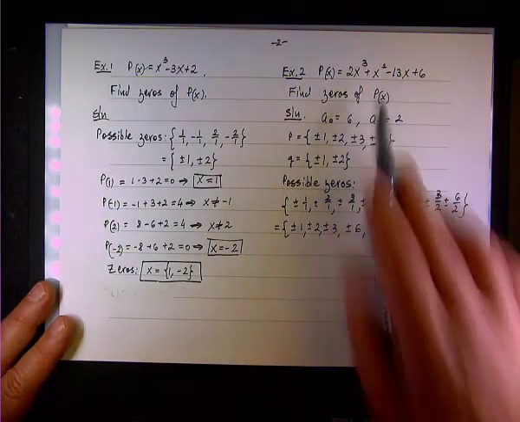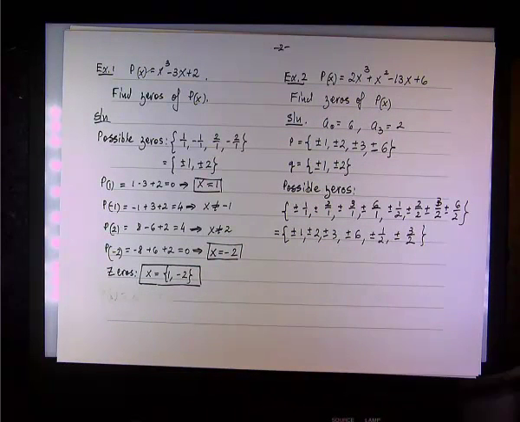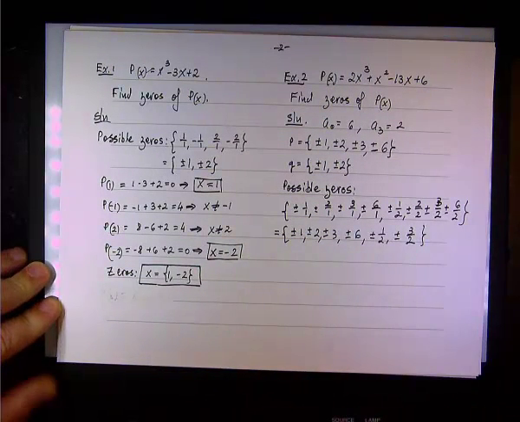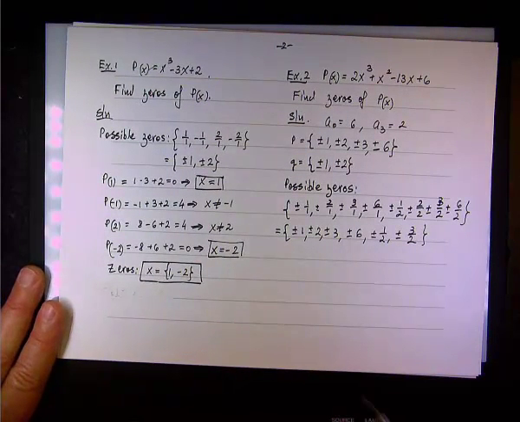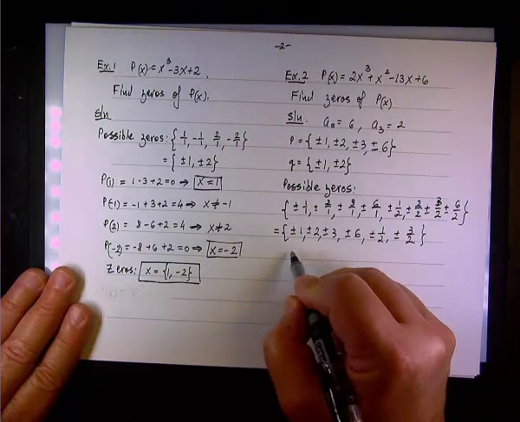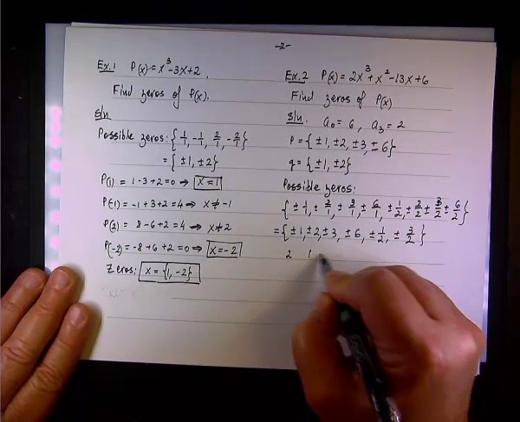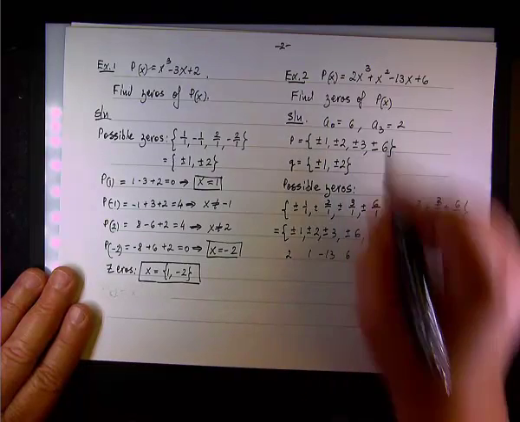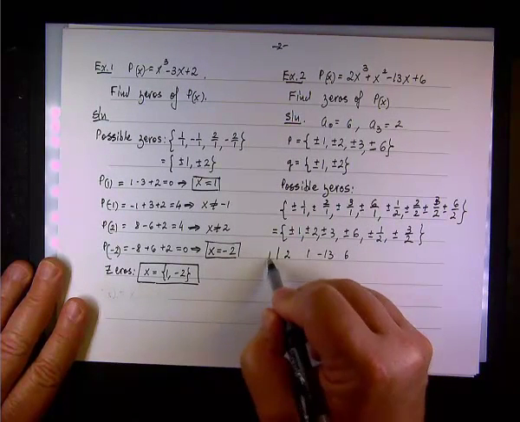I'm going to start with 1, and if 1 is not working, then I'll move to 2. I'm going to start with positive because positive over positive is maybe a better chance. It's really 50-50, but we are comfortable with positive.